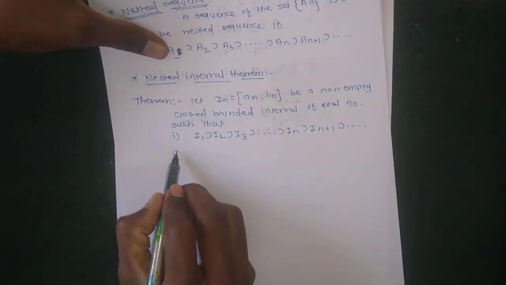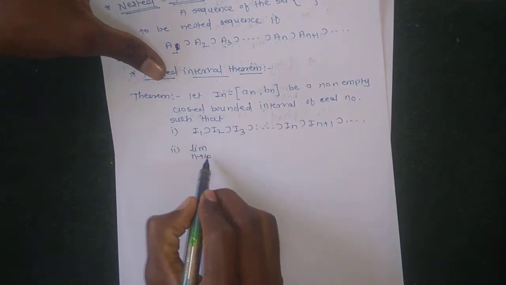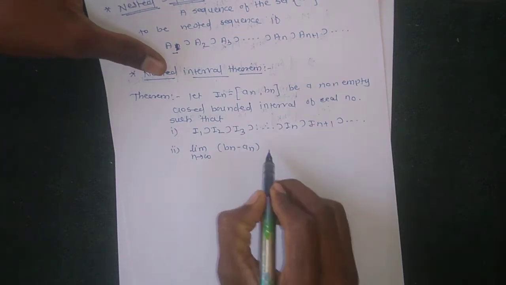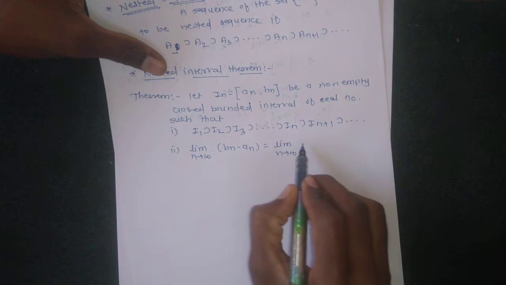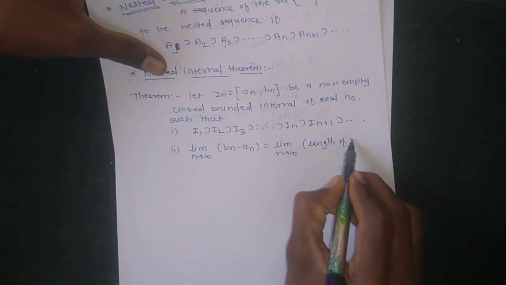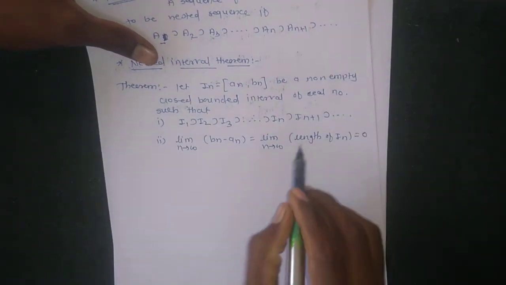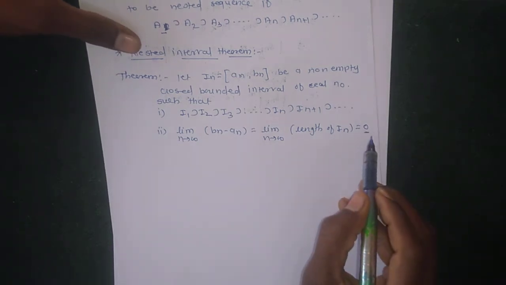And second, it is given that the limit as n tends to infinity of Bn minus An is equal to the limit as n tends to infinity of the length of In, which is equal to 0. That is given.